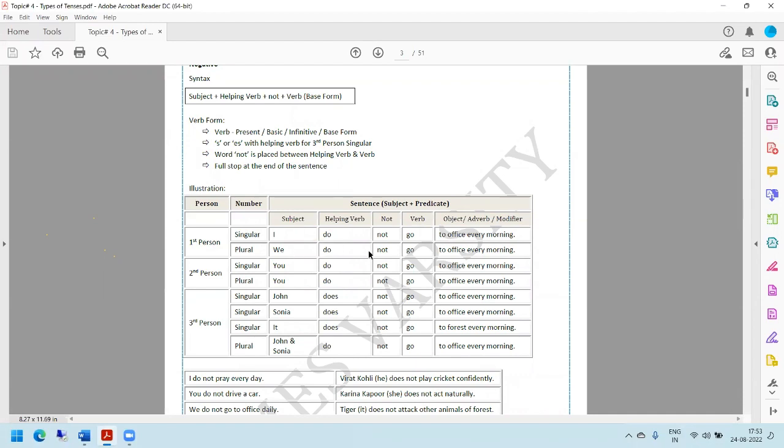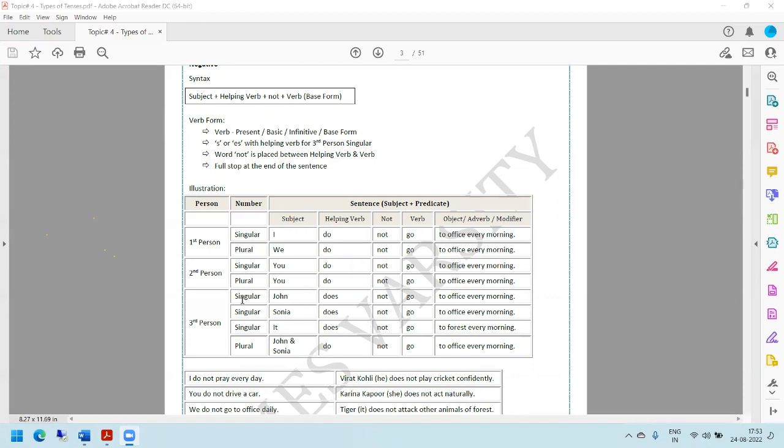Similarly, we do not go to office every morning. And for second person, you do not go to office every morning. But in the case of third person singular, whether we use a pronoun or a noun: John does not go to office every morning. So what additional thing do we see?